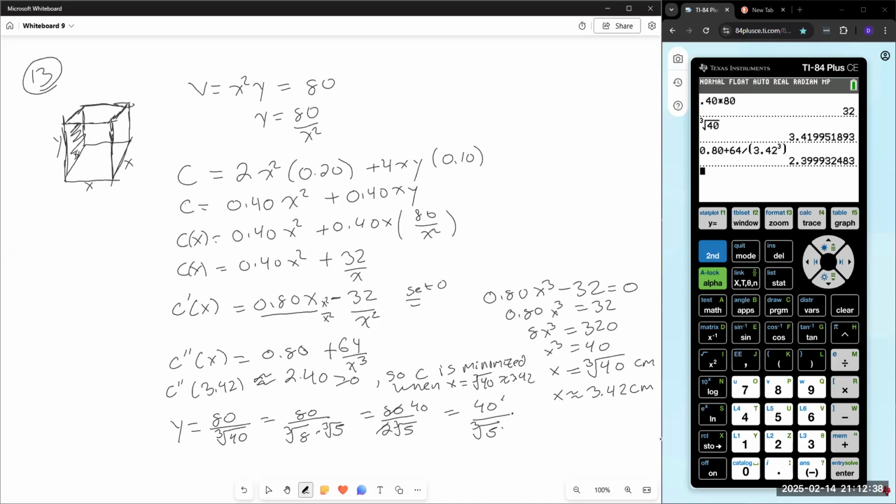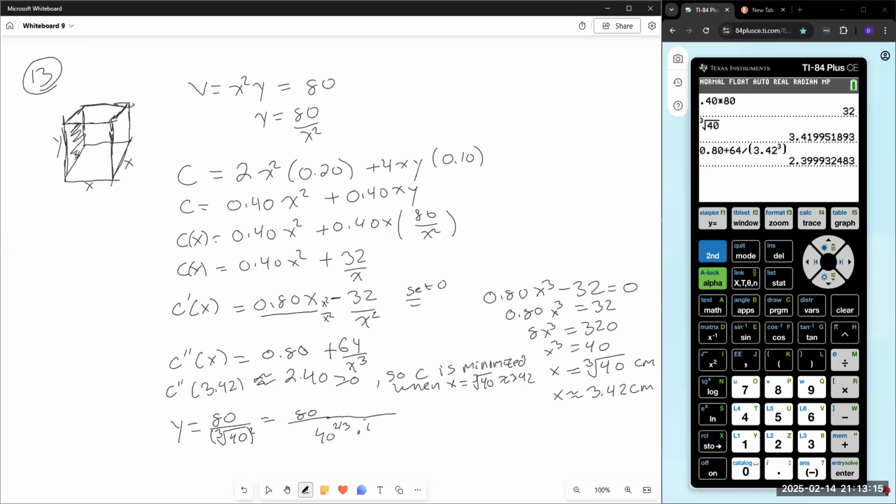And I would get, see, was this squared? This was squared. So let's just call this 40 to the 2/3 power.